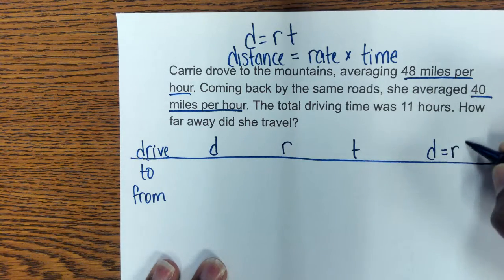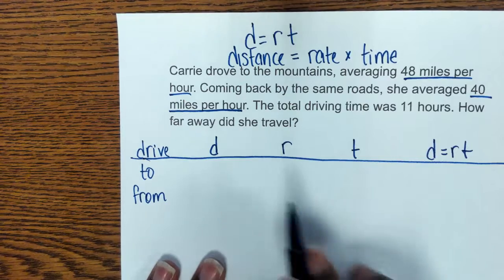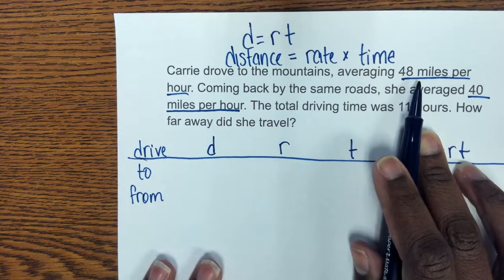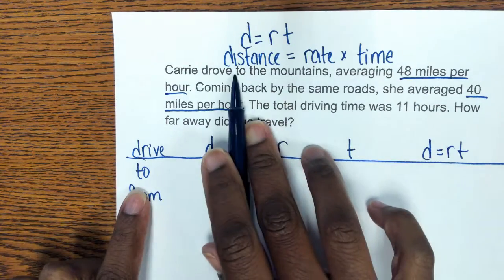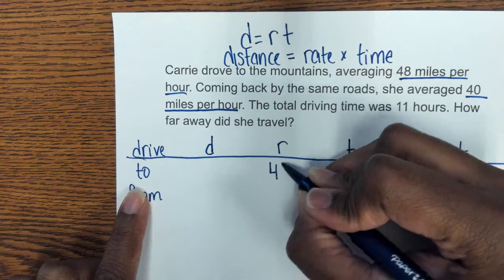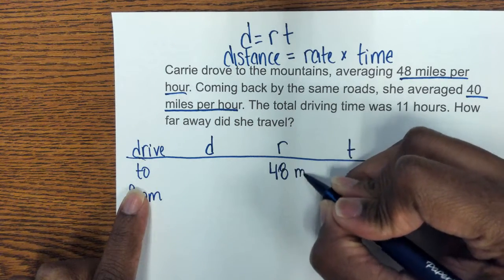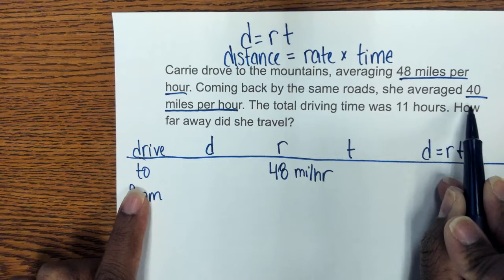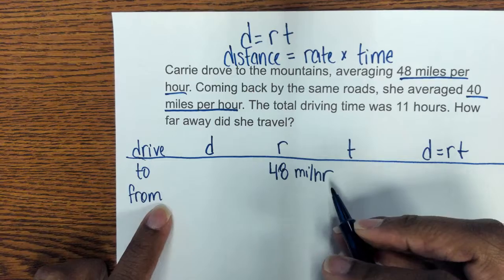So D equals RT. Looking at rate, because that's probably the first thing that pops out, when she was driving to the mountains, she was going 48 miles per hour. When she was coming from the mountains, she was going 40 miles per hour.